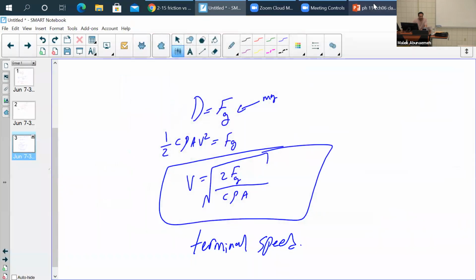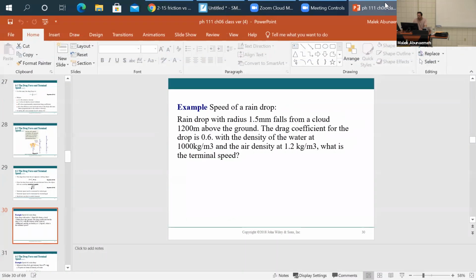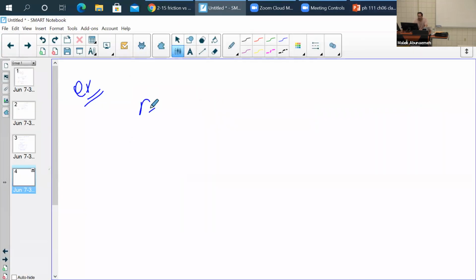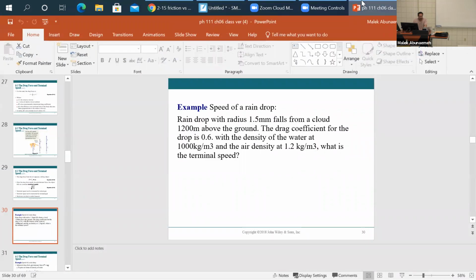All right. So let me go right ahead with this example. So let's see what we have. You get your radius R, which is 1.5 millimeters, and it is 1,200 meters above the ground.